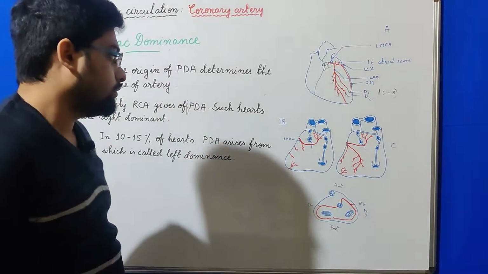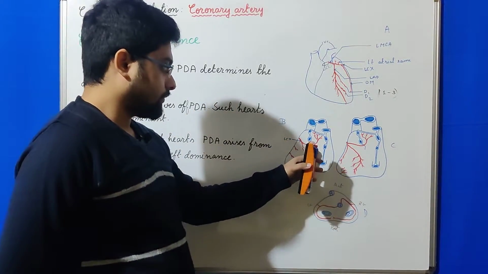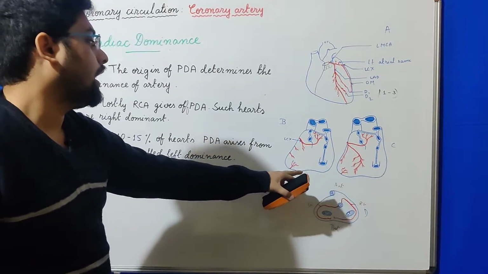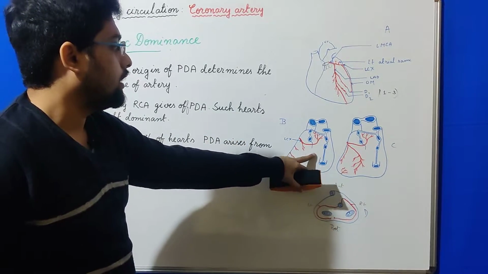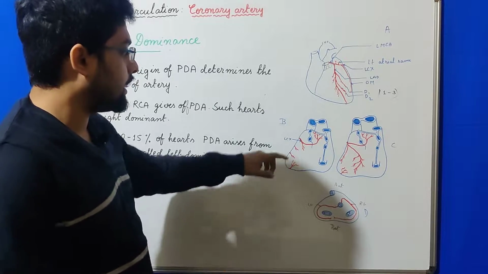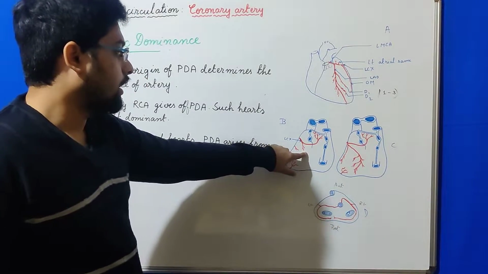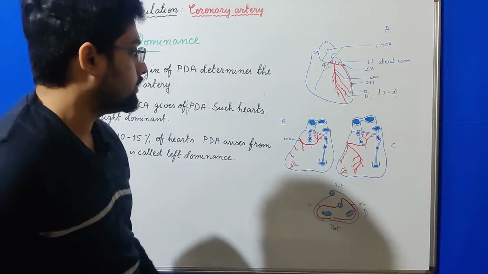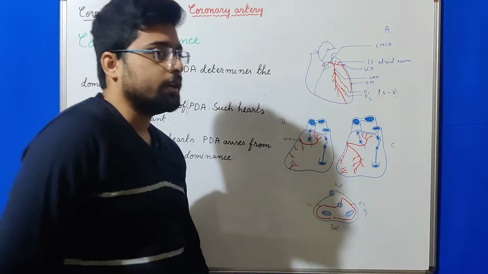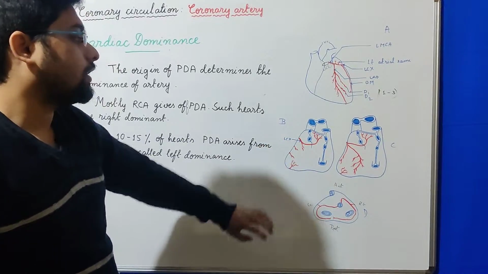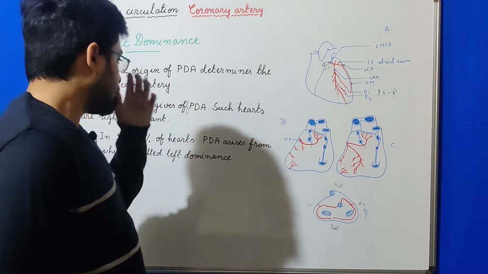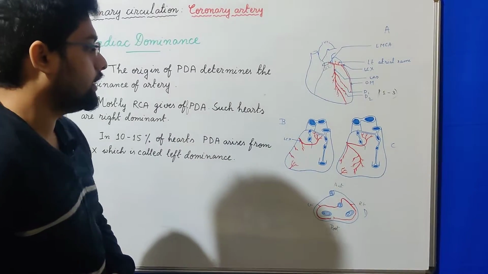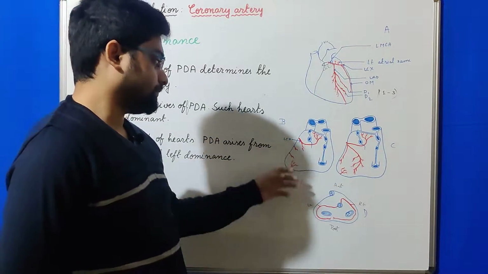In the previous video we saw that on the posterior surface, the right coronary artery takes a sharp U-turn and gives off the PDA, and the left circumflex artery ends a little left of the crux of the heart by anastomosing with the terminal part of the right coronary artery. This is called right dominance, because the right coronary artery was giving off the PDA.